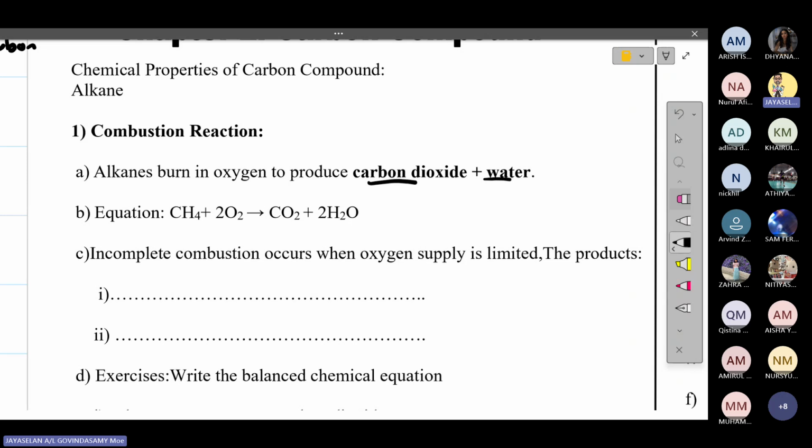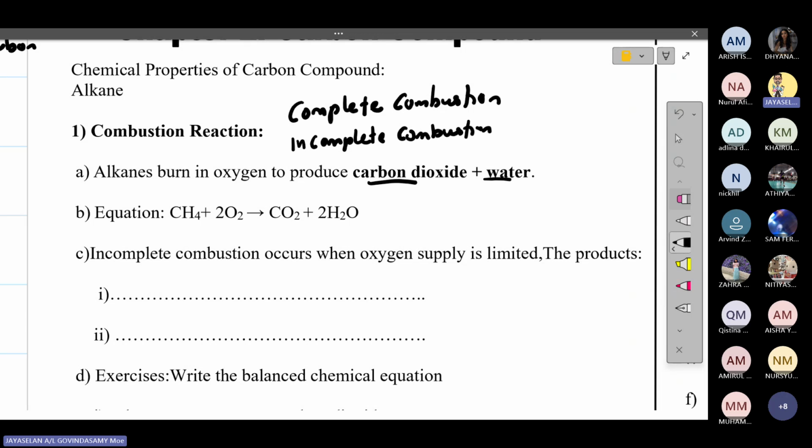Kena ingat, we have two combustion. One is complete combustion, pembakaran lengkap, which berlaku when oxygen adalah excess. If lack of oxygen, it will be incomplete combustion. What is the product of incomplete combustion? Yasmin, what is the product for the limited oxygen supply?